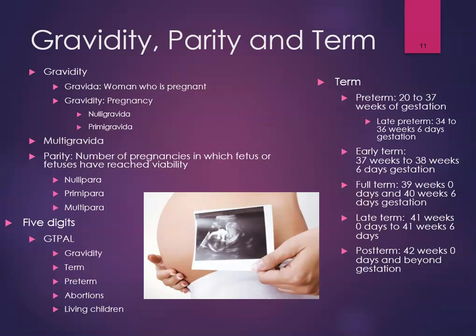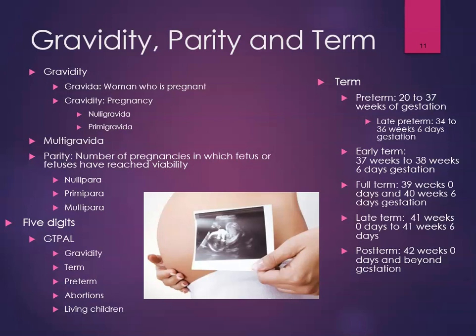Another way we outline this is the GTPAL system, and it's a 5-digit system that we evaluate their obstetrical history. You will need to know this, and you'll need to know how to evaluate this based on a scenario. So we already talked about gravida is number of pregnancies. Term, if you look over to the right-hand side of your screen, it identifies what term, preterm, and those terms mean.